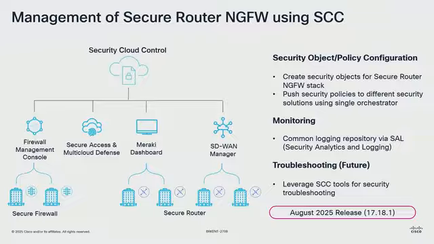So Security Cloud Control, this is our SaaS portal. And Security Cloud Control, by the way, it's not something you buy. If you own any Cisco security product, which now includes a Catalyst SD-WAN router, you get a Security Cloud Control login.